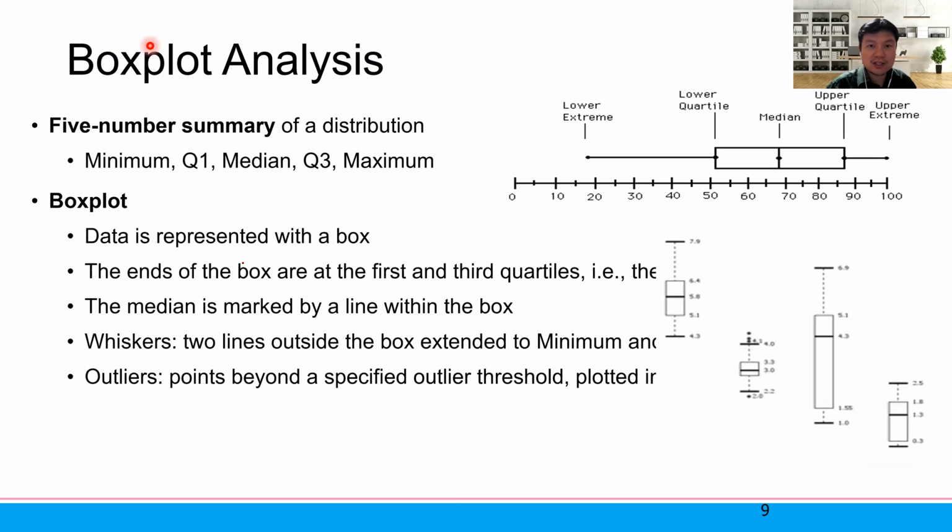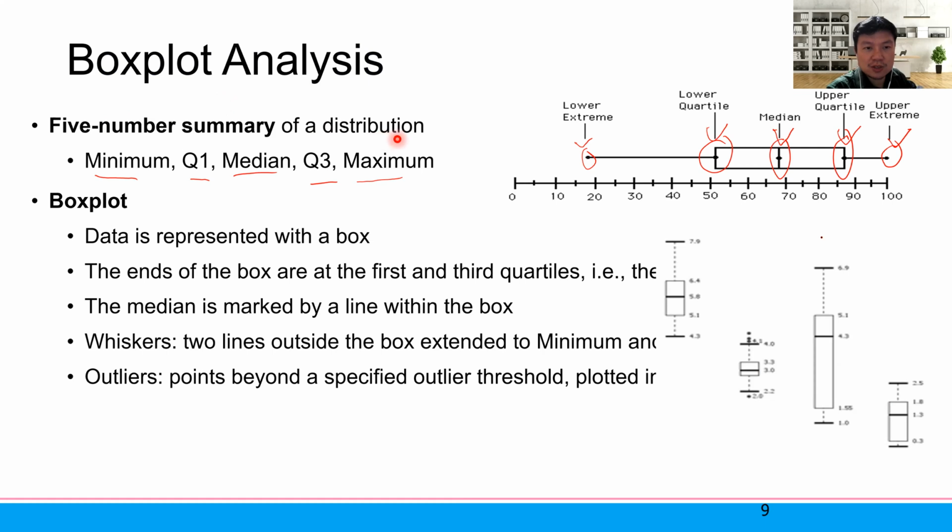Box plot analysis, I already explained in the first one. We have the minimum, Q1, median, Q3, and maximum, and using those 5, we can see them in one plot. So using one plot, we can see the minimum, maximum, Q3, Q1, and Q2.